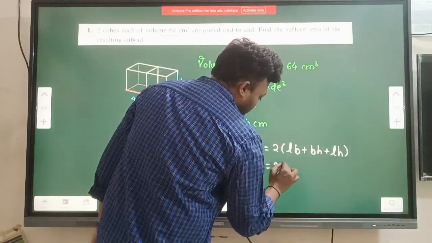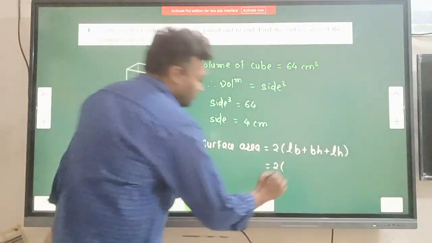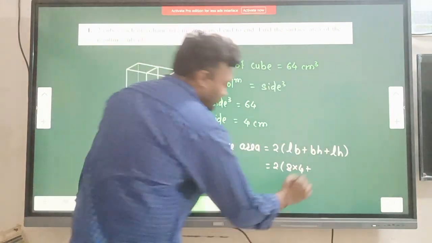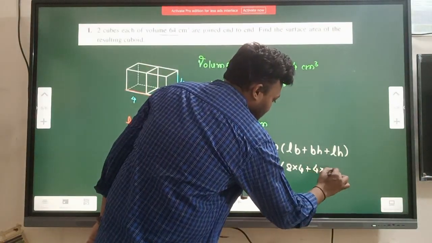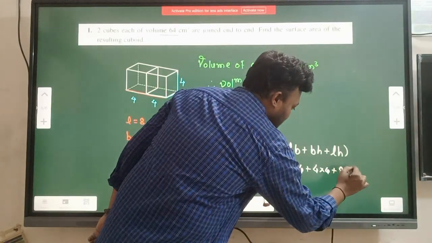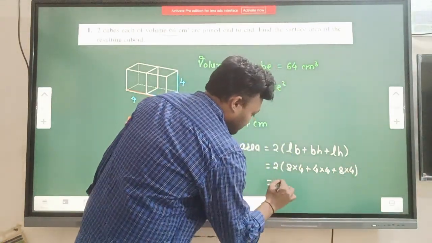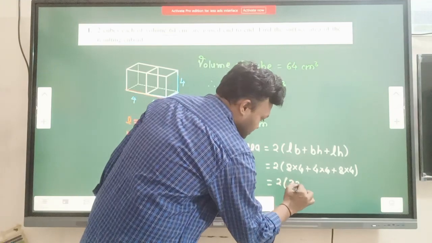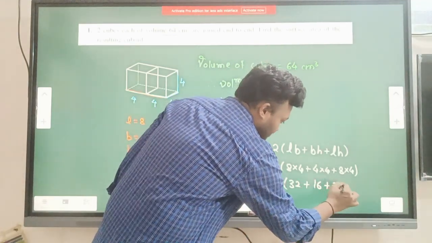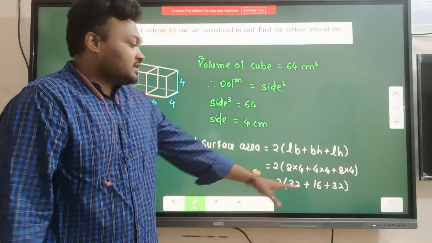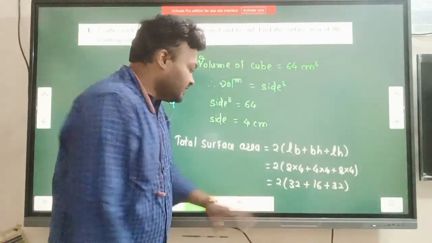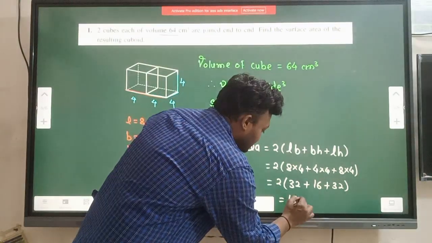So it will be 2 in brackets, 8 into 4, plus 4 into 4, plus 8 into 4. It will be 2 into 32, 16 and again 32. So 32 plus 32, 64. 64 plus 16, 80. And 80 into 2, it will be 160.